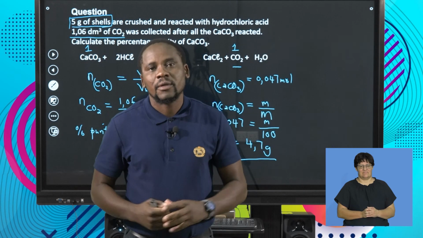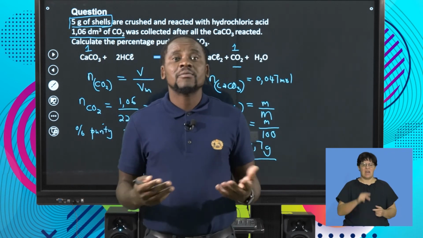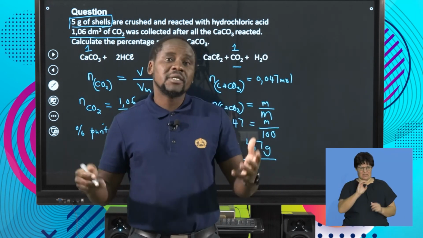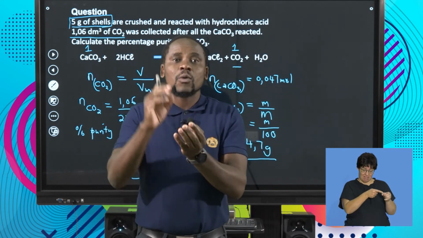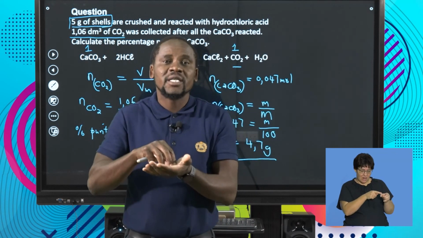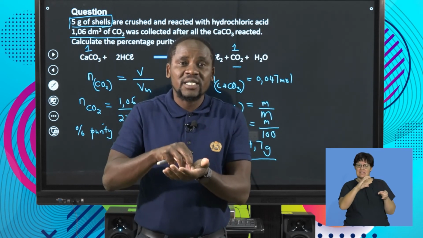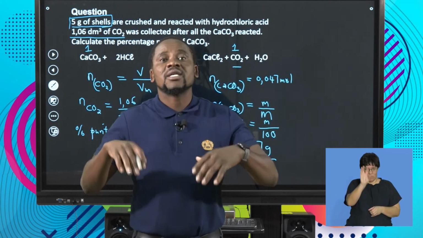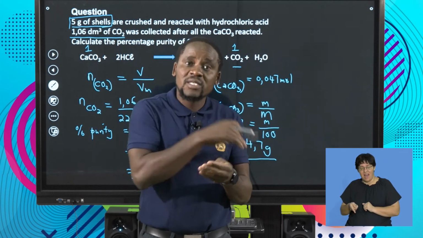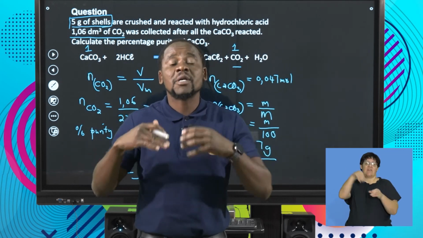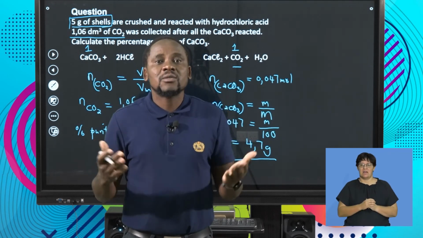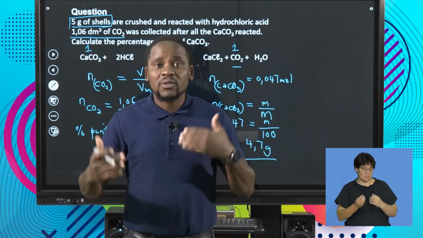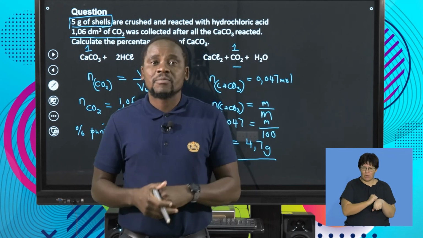So now what does the 94% purity mean? It means of the 5 gram sample of the eggshell, what is actually calcium carbonate is 94%, and the remainder is other substance that did not take part in the reaction in forming the carbon dioxide that we collected. So we need to practice these kinds of problems quite often so that you become more comfortable with them.